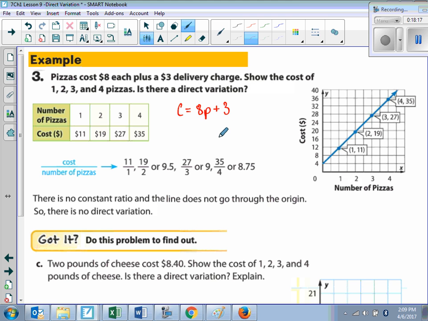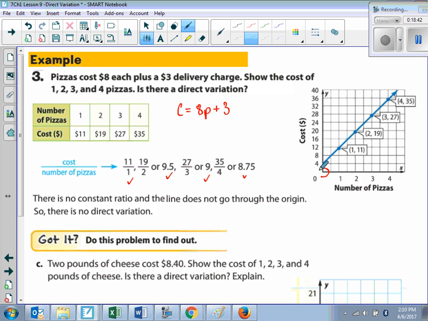So if I look at all of the rates, we've got 11, we've got 9.5, 9, and 8.75, 8 and 75 hundredths. Are the ratios the same? There is not a constant ratio. And what else do I notice here from the graph?